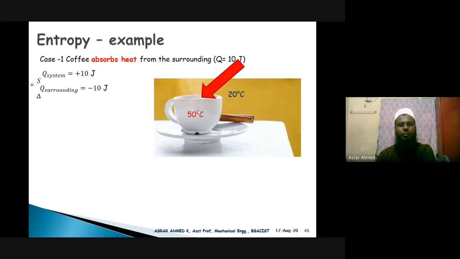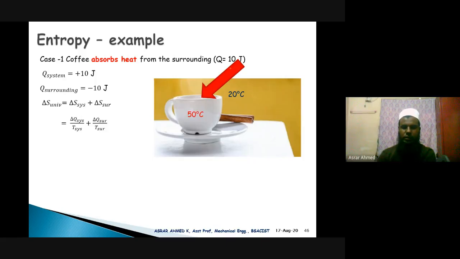Let us apply the entropy formula. Delta S of universe equals delta S of system plus surrounding, and we know that delta S equals del Q by T. So del Q by T for system, del Q by T for surrounding.